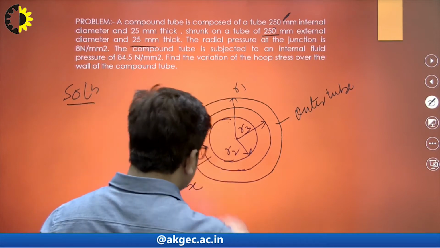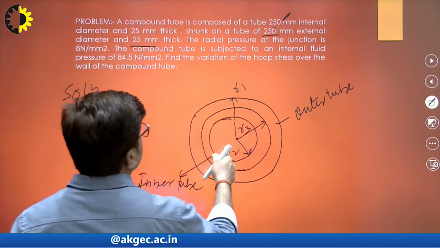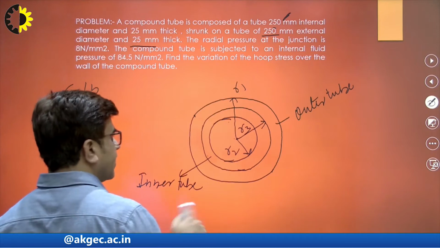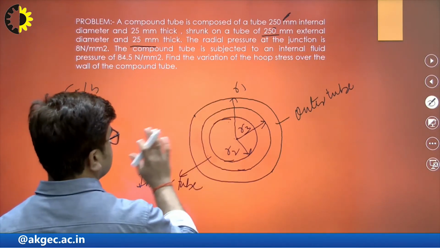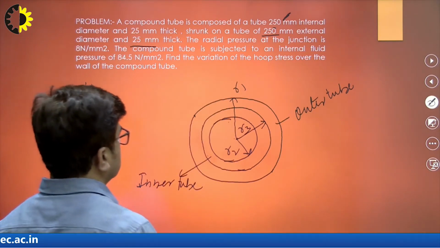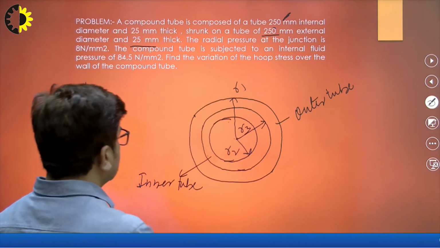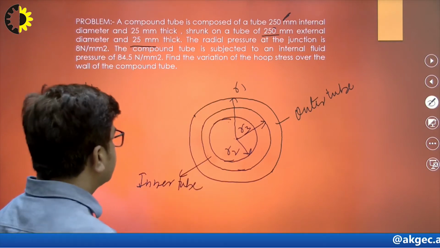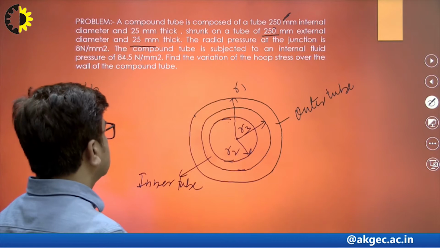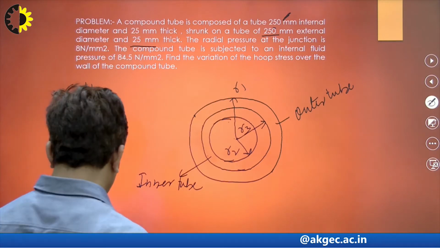Diameters are given, we can find the radius, then thickness is also given. So here I can find R2, I can find R3, and I can find R1.